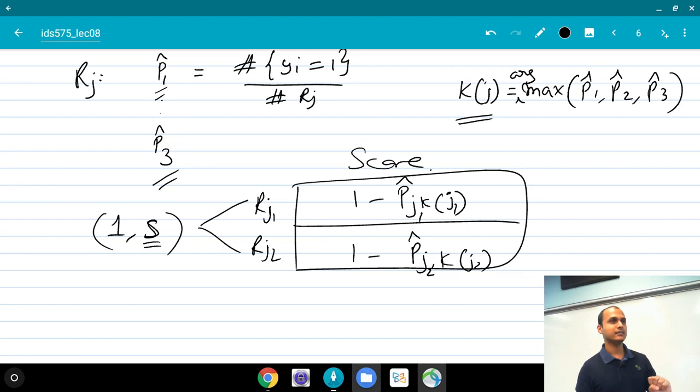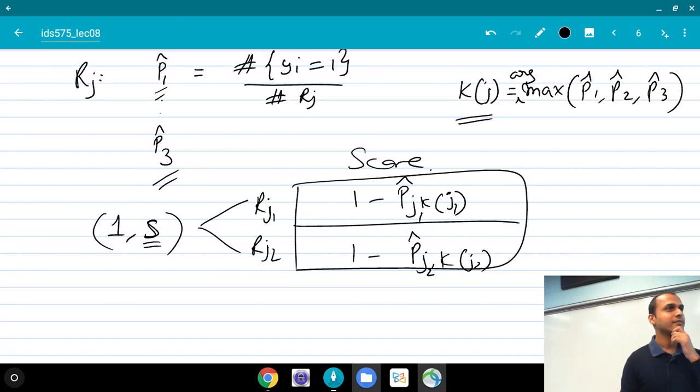In that region, RJ1, which were the two child regions, there were a bunch of points, and I could figure out which class has the highest proportion there, and 1 minus that proportion is essentially the misclassified points.